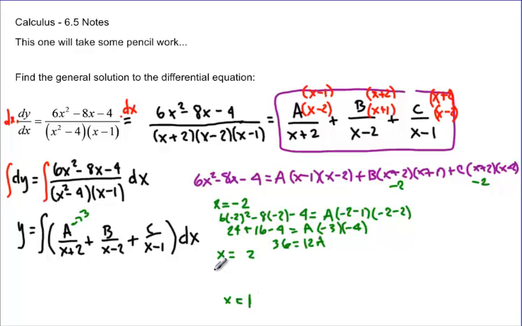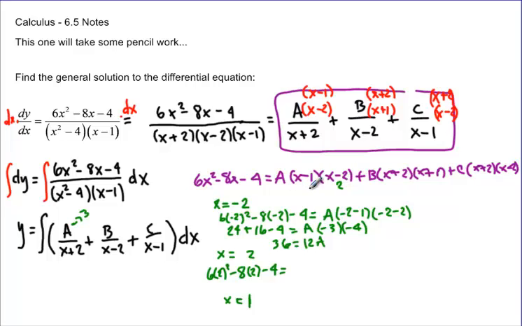So when x is positive 2, I'm going to have 6 times 2 squared minus 8 times 2 minus 4 equals, and now check it out. If I put a 2 in everywhere, 2 minus 2 is 0.